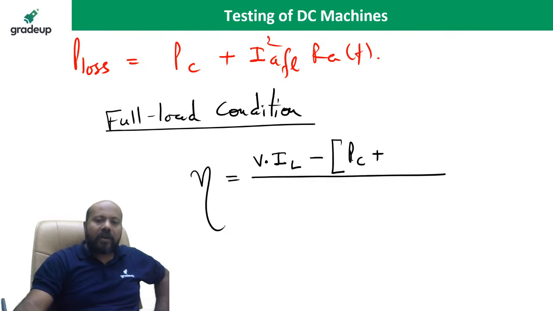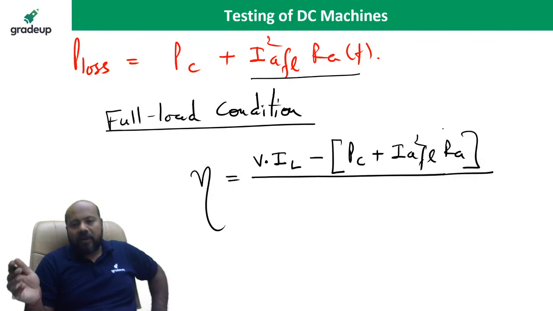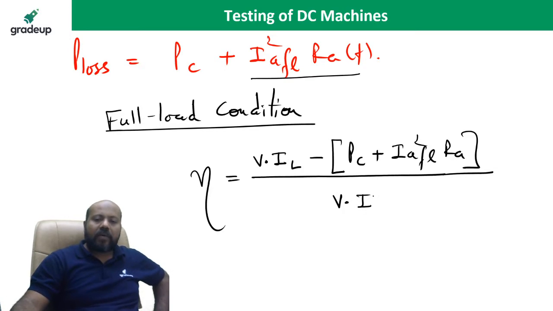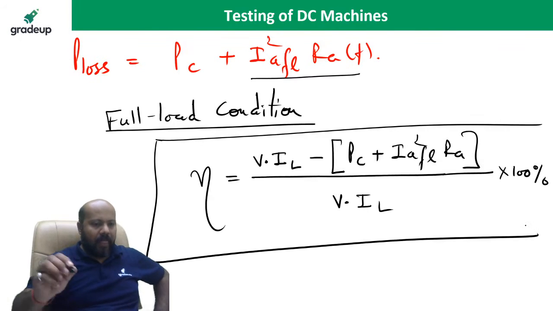Constant losses plus variable losses, which are going to be IAFL square, I am writing armature resistance RAT as simply RA. If data is given in the problem such that you have to take into account the temperature effect, you do so. And it is divided by the input power, that is V into IL, multiplied by 100. You will get the efficiency.